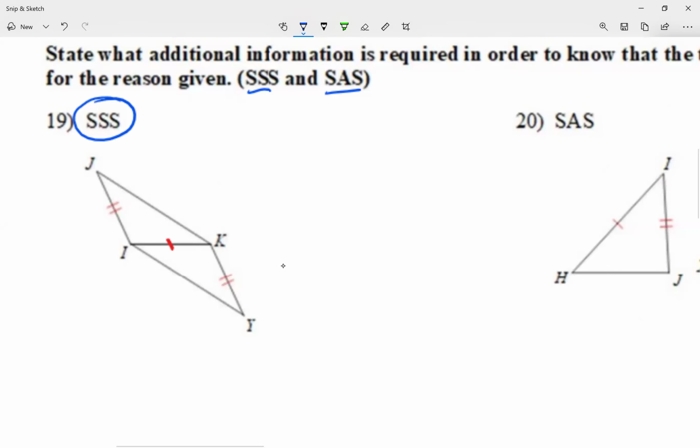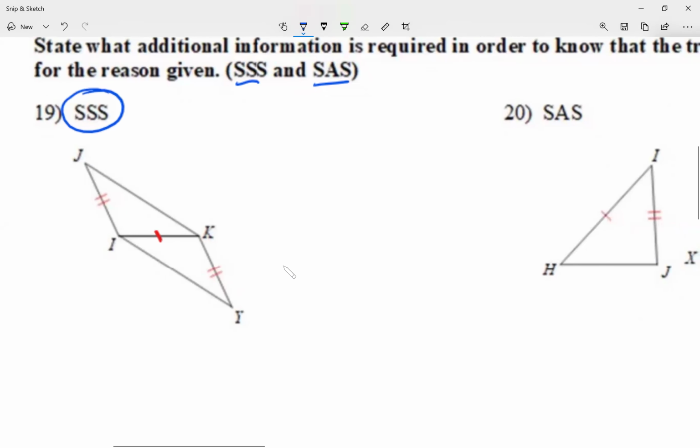So I'm missing one marking from each triangle. What is it? Well, I know I have to mark all three sides, right? If I look at the triangle on the top, the one side that I'm missing that is not marked is this side. When I look at the triangle at the bottom, the one side that I'm missing is this side.